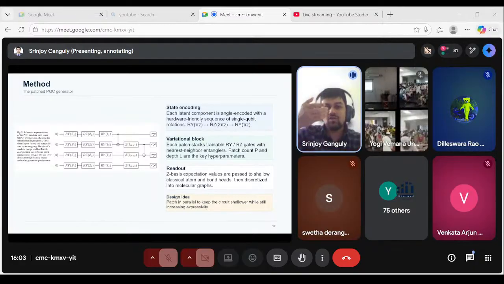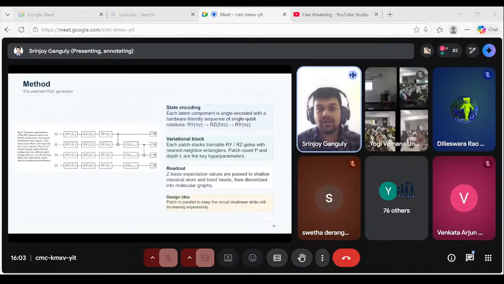And then you also have the depth of the circuit, which you are seeing horizontally. So vertically you have this breadth, and then horizontally you have the depth of the circuit, where you have these layers: ry gates, rz gates, ry gates again, and then c naught gate, and so on. So that's the difference between a patch and a layer, because this is going to come up.